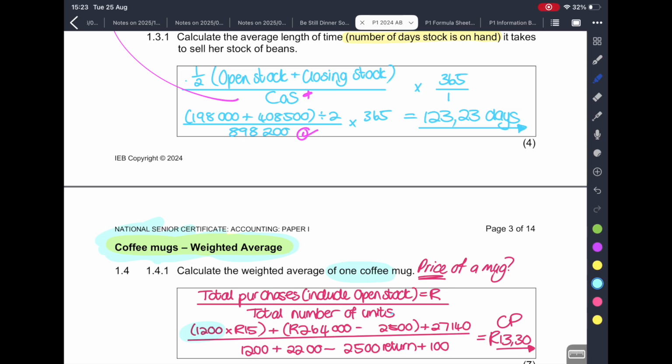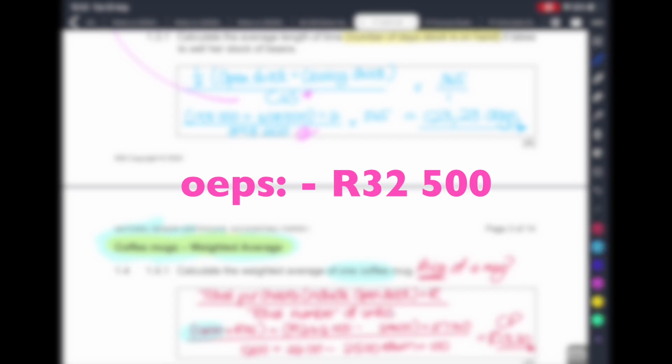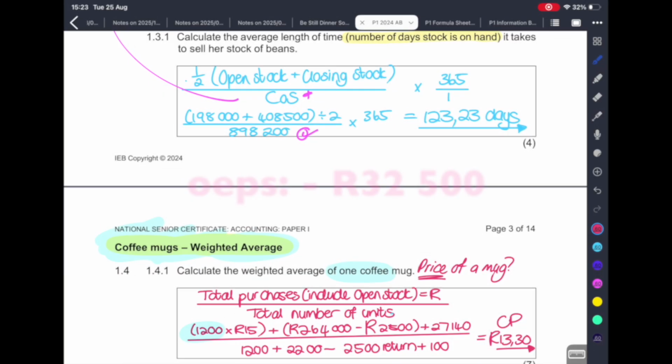And then I have the 264, which I showed you I was looking for Rand values, minus the 32, which is also a Rand value. And then this 27 is my carriages or my delivery cost that I had. So that's the total amount of money that all of this cost me. I'm adding it all together.